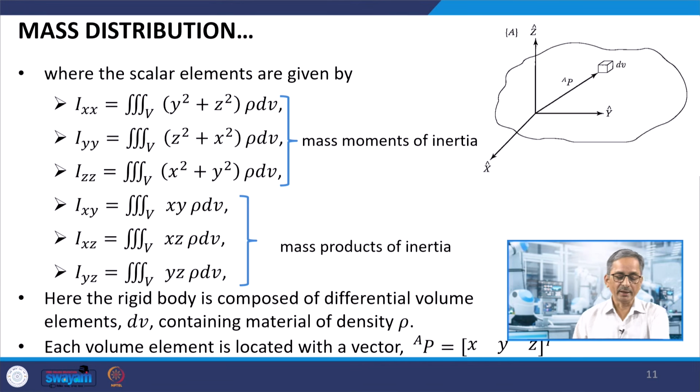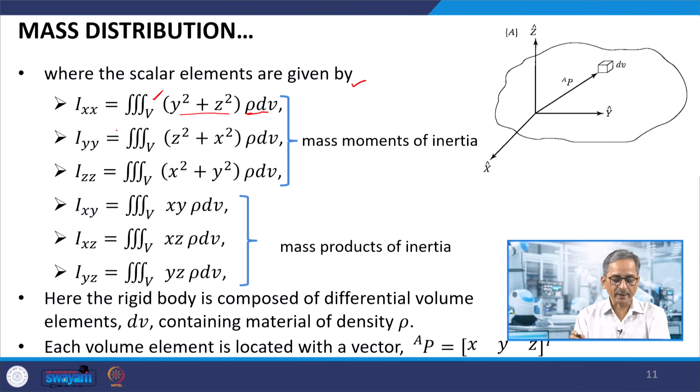Here are the scalar elements and how they are defined. Ixx is defined as y squared plus z squared times the mass of the element, which is given by the density times the elemental volume, and I carry out a volume integral.